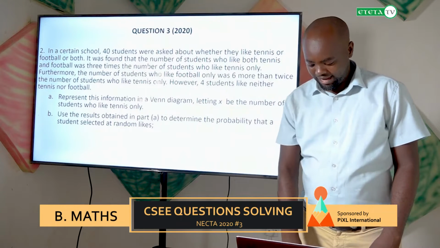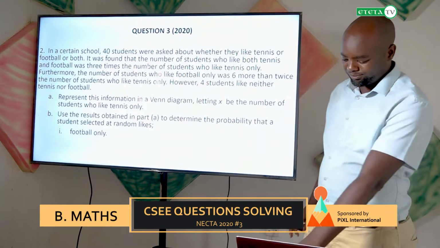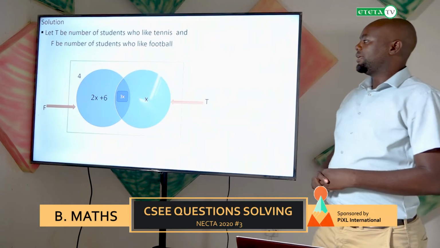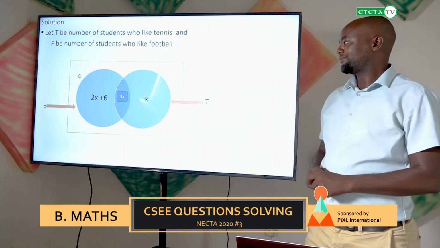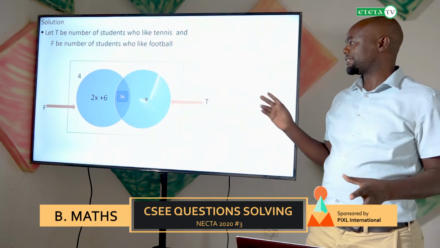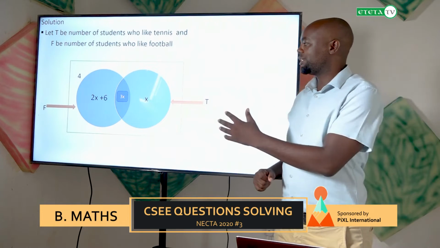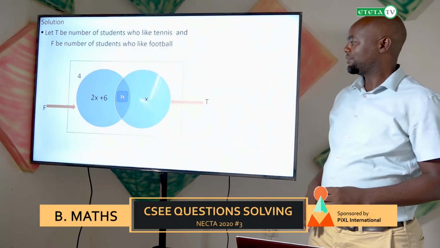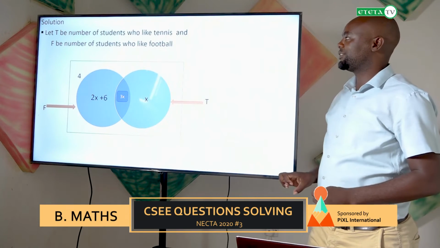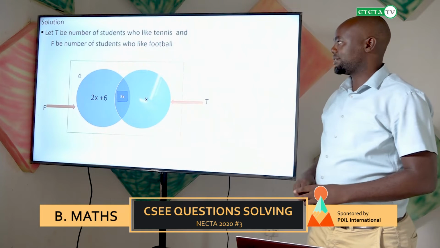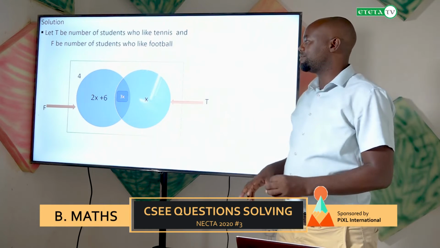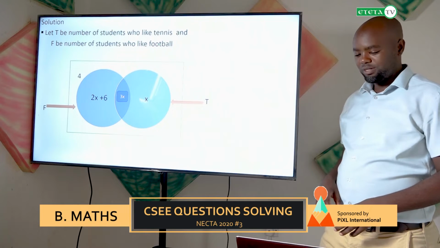Look at the solution here. There are 2 circles there, and those circles have been labeled. There is a circle labeled by the letter T, and there is a circle labeled by the letter F. Letter T represents the number of students who like tennis, and the letter F represents the number of students who like football.